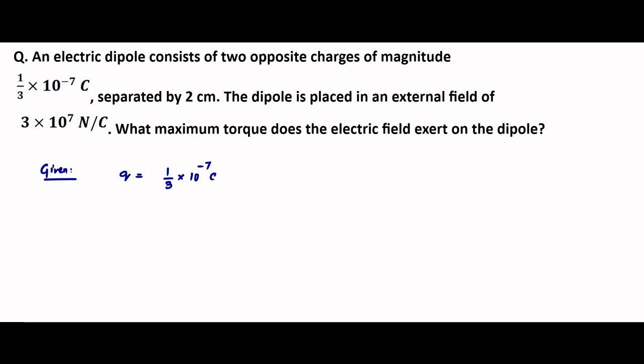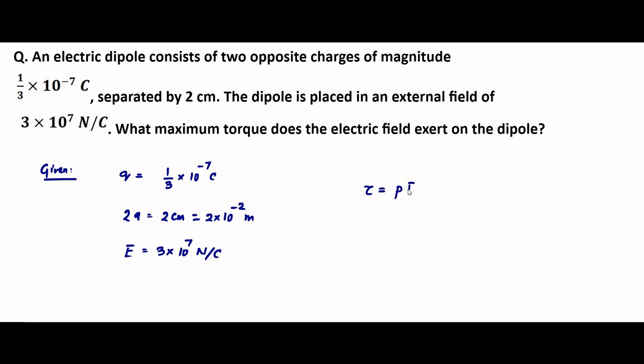The dipole length, or the separation distance, equals 2 centimeters, which is equal to 2 into 10 to the power minus 2 meters. And the value of the electric field is equal to 3 into 10 to the power 7 Newton per coulomb.